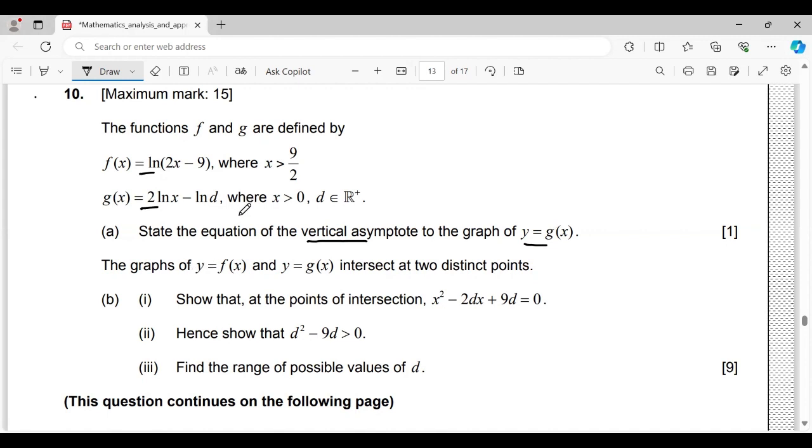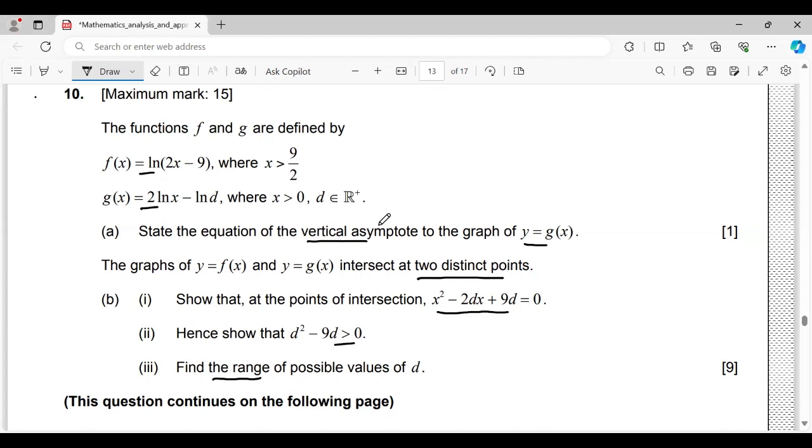Okay, and what's next? B, the graphs y equals f(x) and y equals g(x) intersect at two distinct points. Okay, so at the points of intersection, this equation, show that d squared minus 9d greater than 0. Find the range.